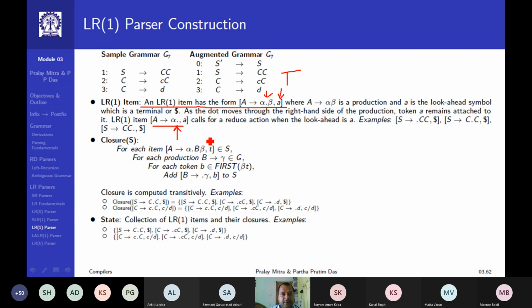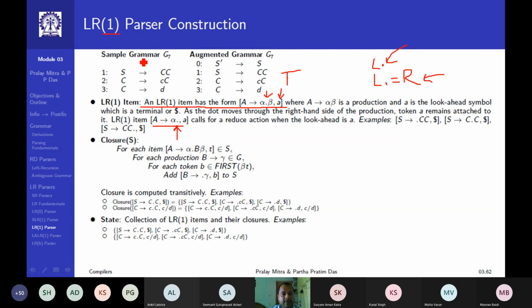Now you can remember the previous case where there was confusion: L dot was one situation, another was L dot equals R. So I was confused which one to take. So this indicates reduction and this indicates shift operation.